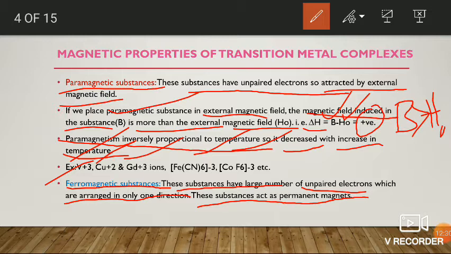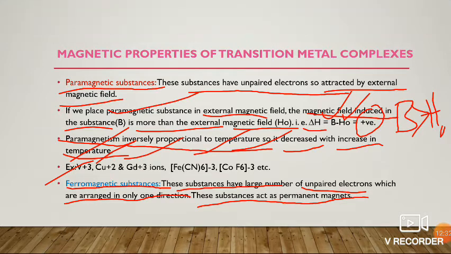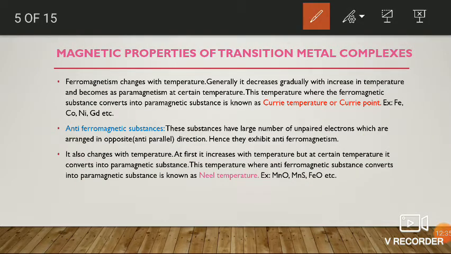Okay, fine. Next, ferromagnetism generally changes with temperature, as in the case of paramagnetism. Paramagnetism also changes with temperature, generally inversely proportional to temperature. Here also ferromagnetism changes with temperature.